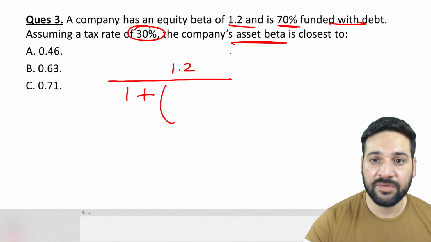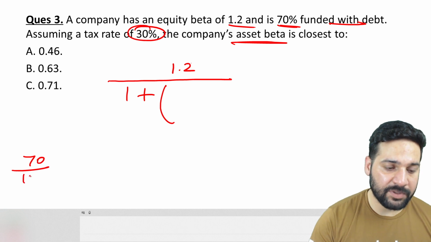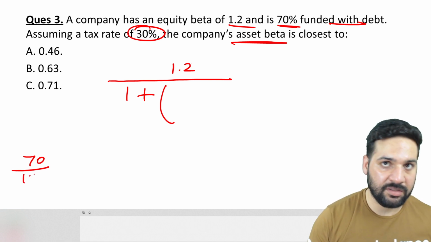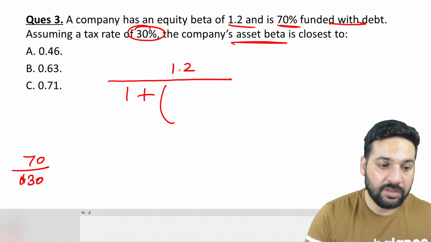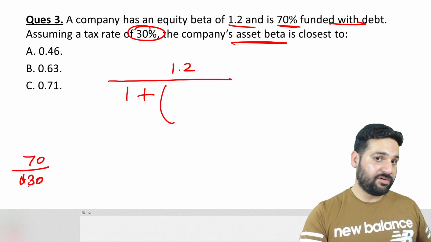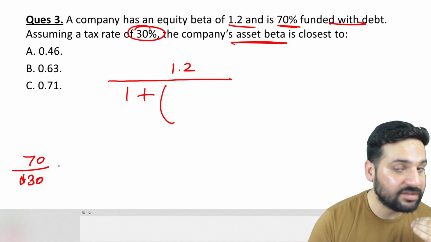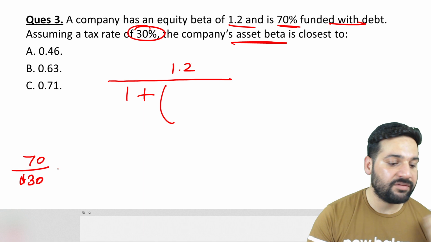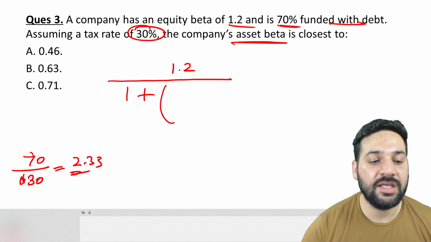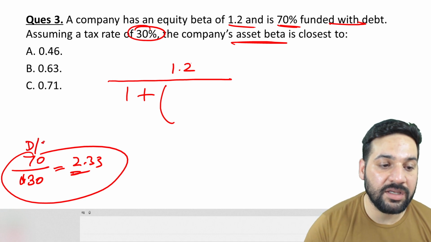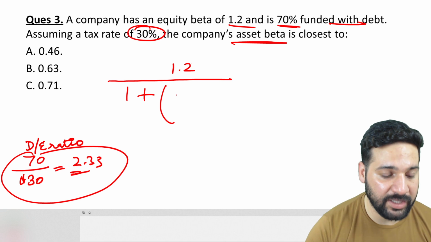If a company is 70% funded with debt, out of 100 in the capital structure, 70 is debt, 30 is equity. So the debt equity ratio is not 70%, it is not 0.7, it comes out to be 2.33. So that is the debt equity ratio. Very important point, very important for the exam.